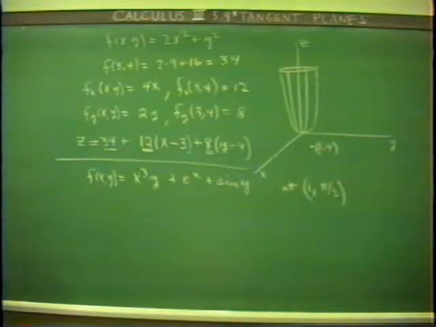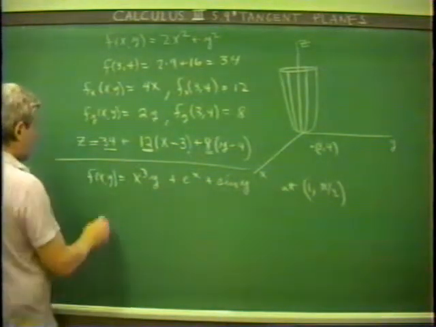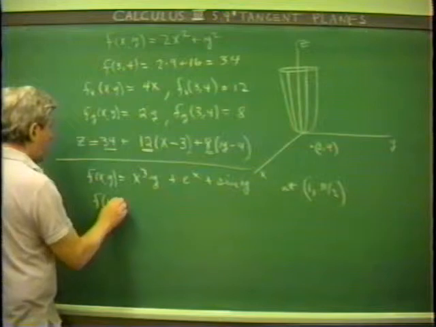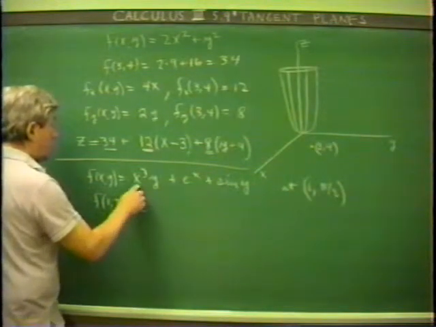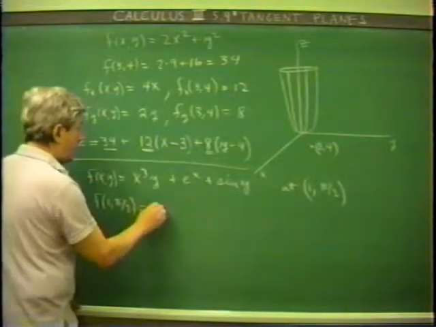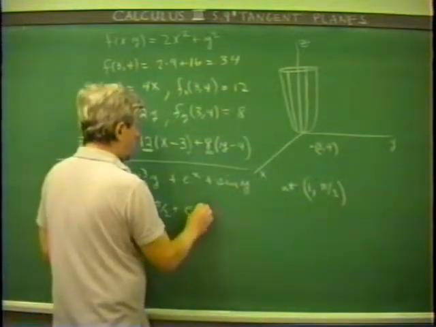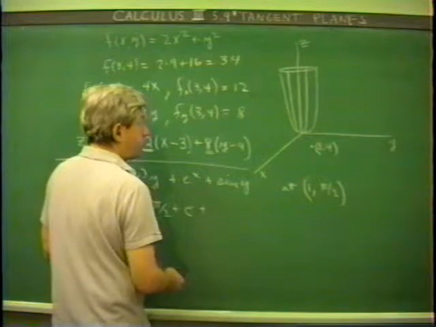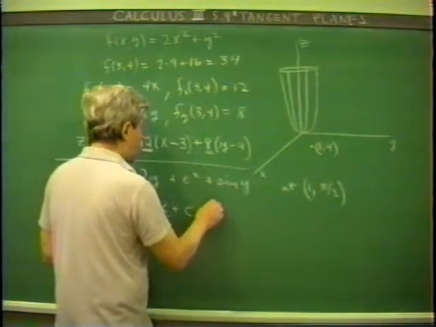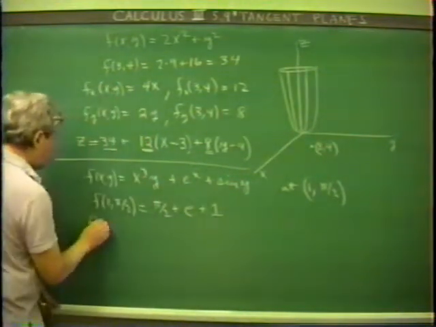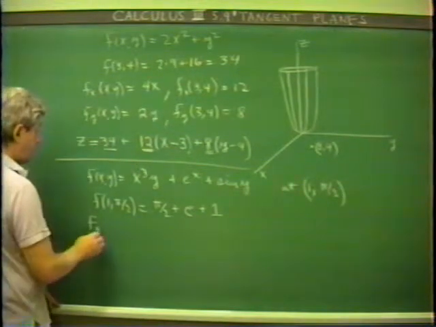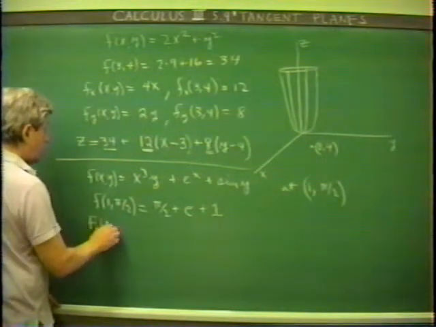And let's look at the point 1, pi over 2 here. F at 1 and pi over 2 is going to be 1 cubed times pi over 2 plus e to the 1 plus the sine of pi over 2, which is 1.